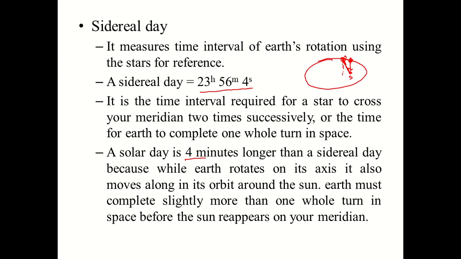So that means the Earth has to rotate a little more than 360 degrees to see the sun over his head, because this much distance has been moved.